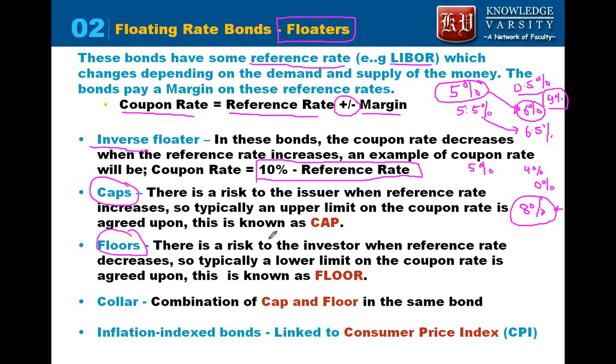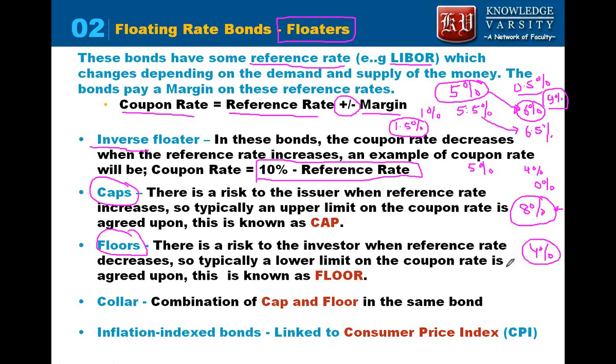Similarly, you have one more thing, the floor rate. That means if the coupon rate has become, let's say, 1.5%, that is the coupon to be paid by the issuer. But a borrower can specify that I do not want any coupon below 4%.